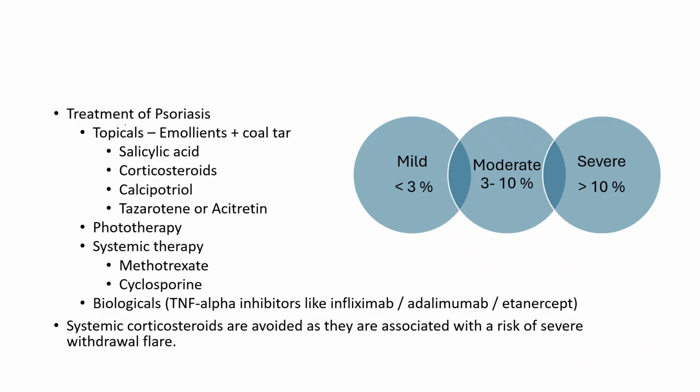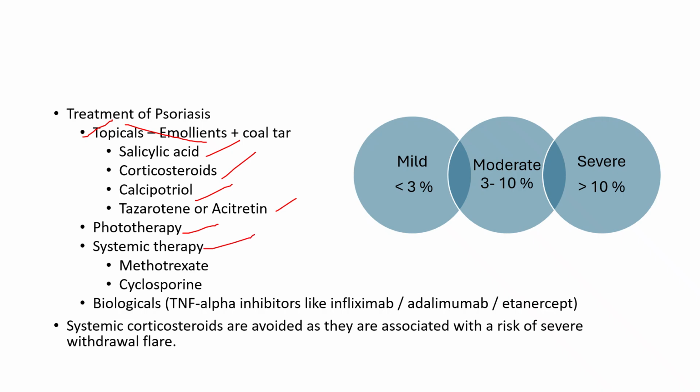I'll come to treatment of psoriasis. So the first treatment comes with topicals. You can give emollients and coal tar to moisturize the area. You can use salicylic acid, topical corticosteroids, calcipotriol, which is topical vitamin D, and tazarotene or acitretin, which is topical vitamin A. Then the next step in treatment is phototherapy.